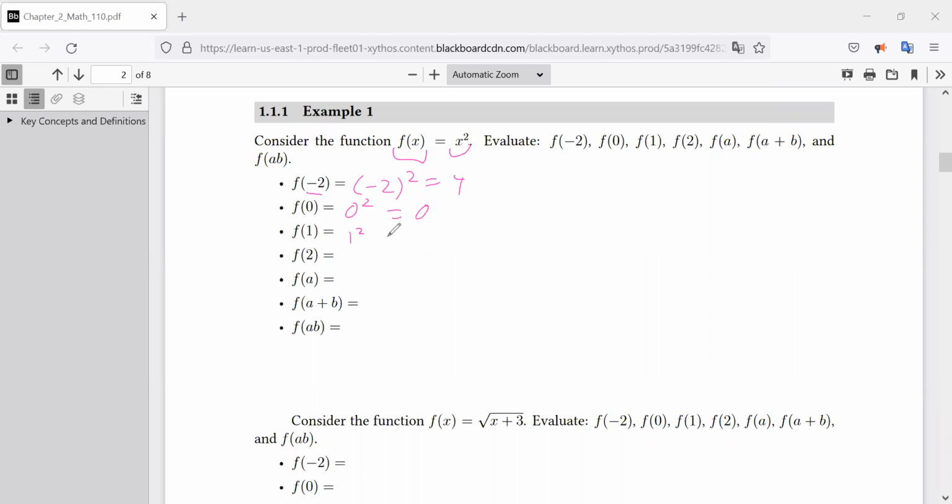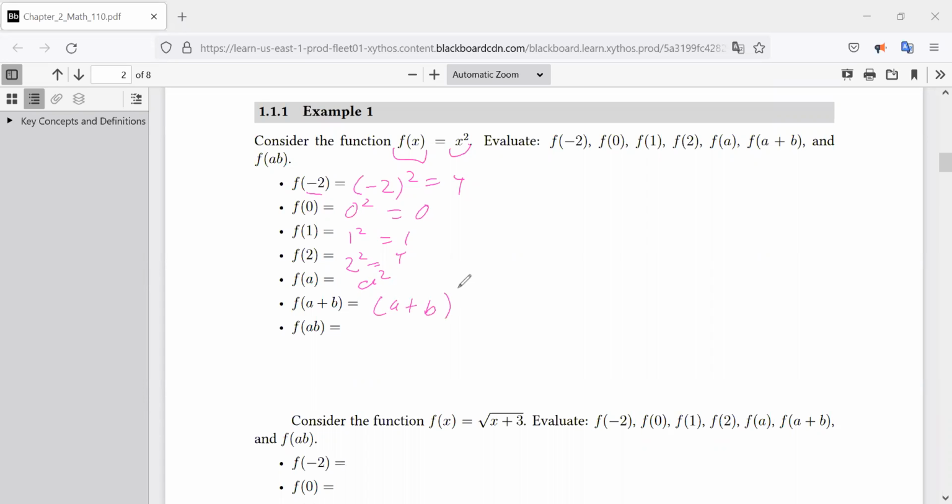F of 1 is going to be 1 squared, which is 1. F of 2 is going to be 2 squared, that's 4 again, right? What's f of a going to be? Would it be a squared? Exactly. And f of a plus b, a plus b squared?